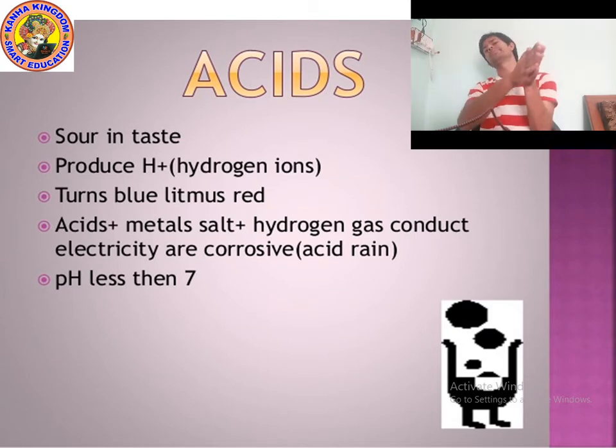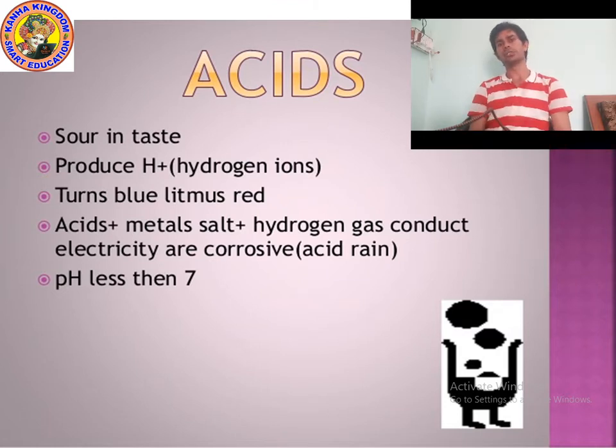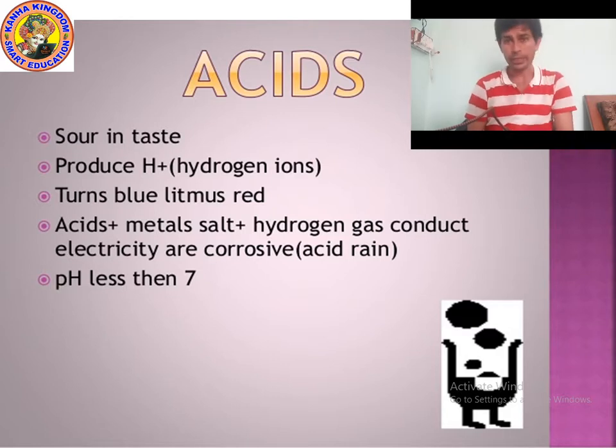Which ion is present in acid? Acid has the hydrogen ion. So acid produces the hydrogen ion, H plus ion. Hydrogen is a positive ion.